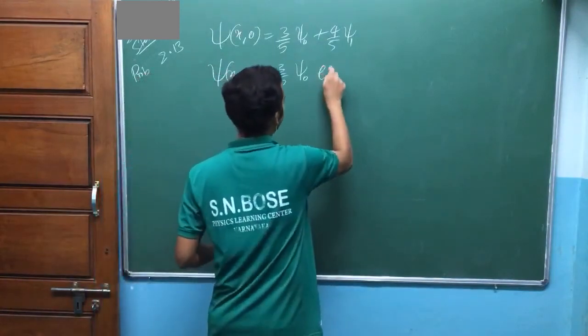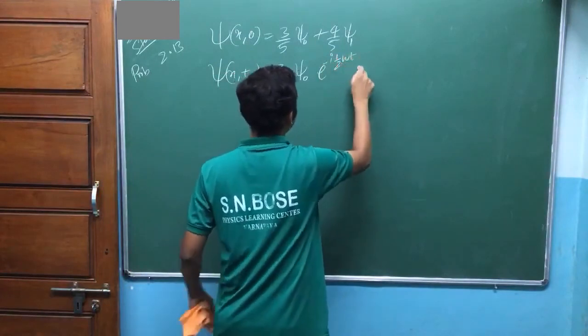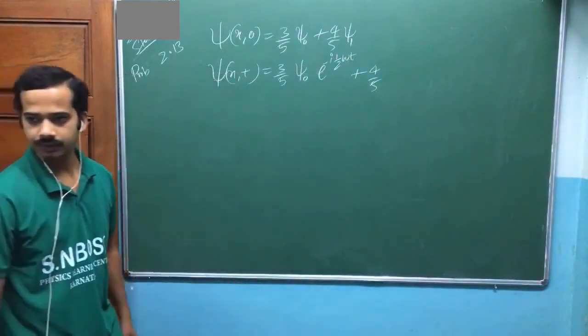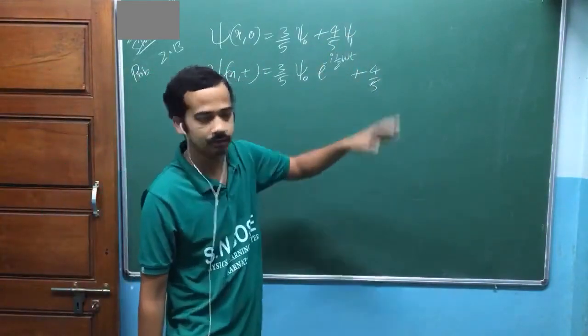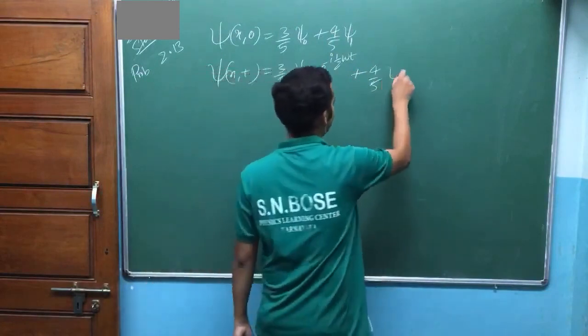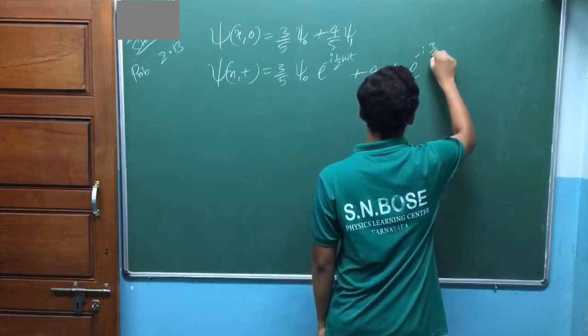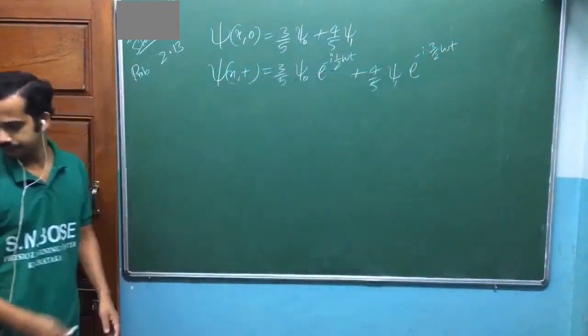e power minus i half omega t plus 4 by 5 psi 1, where the energy corresponding to that is 3 by 2 h bar omega. Psi 1 into e power minus i 3 by 2 omega t. h bar will get cancelled actually.